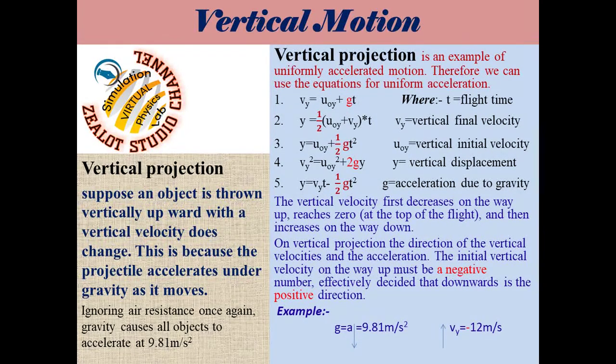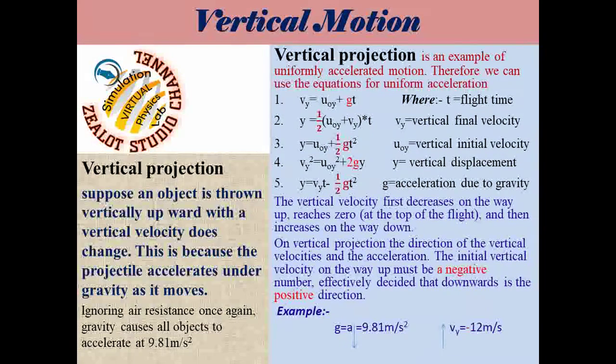The projectile's acceleration is due to gravity. Ignoring air resistance, gravity causes all objects to accelerate at 9.81 meters per second squared.